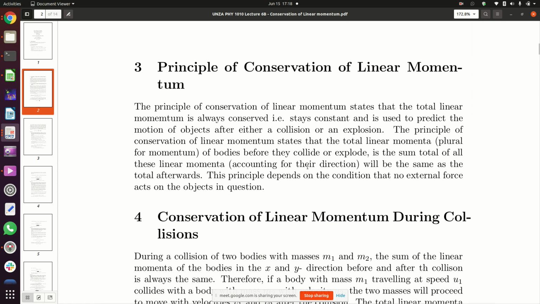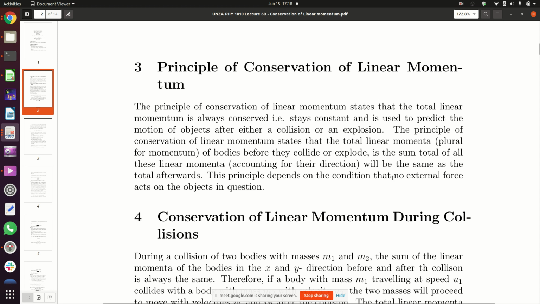So for this conservation of linear momentum to work, one condition needs to be met. Before these objects you're looking at collide and after they collide, there has to be one condition which needs to be met.